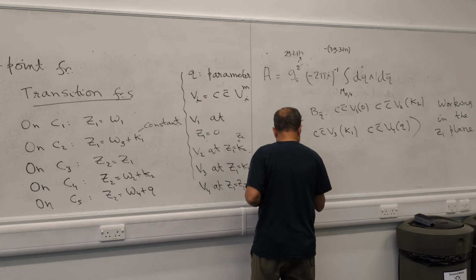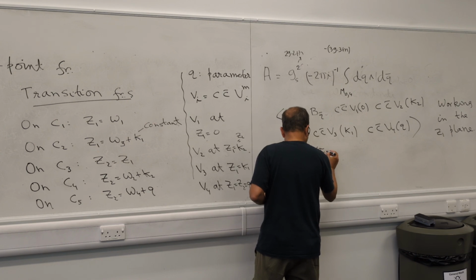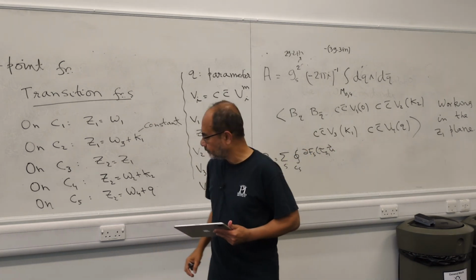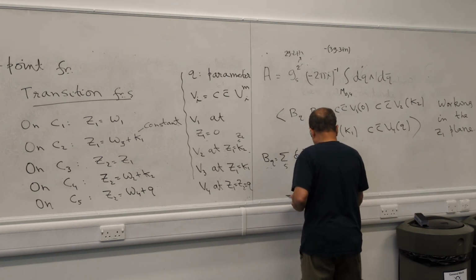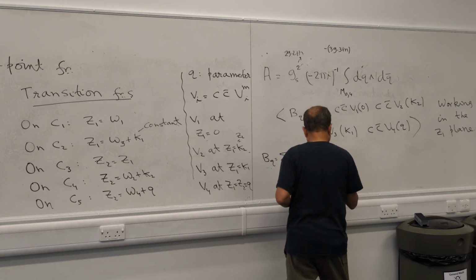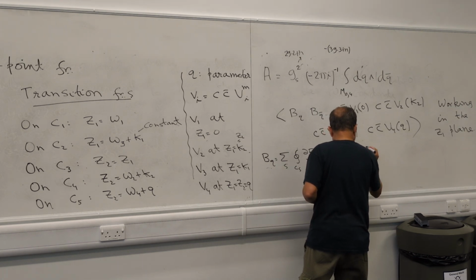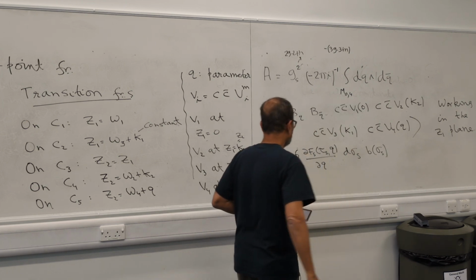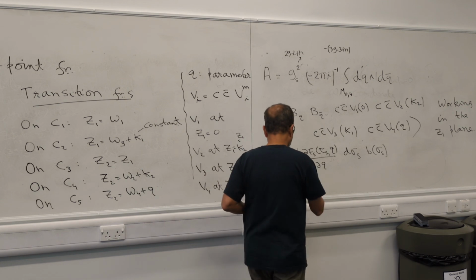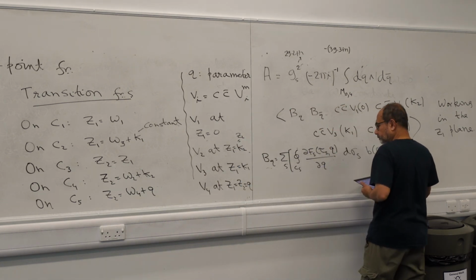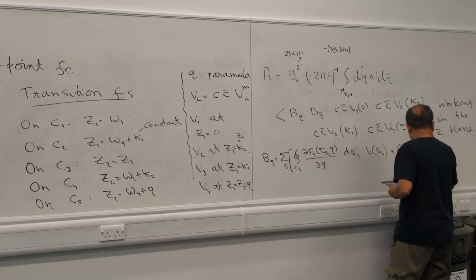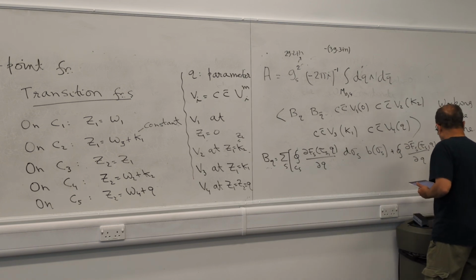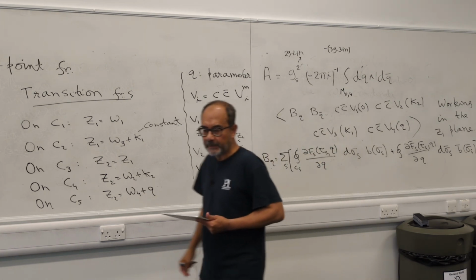Sum over S, integral over CS, del Fs, tau S, U, or I can write Q, Q already has two parameters because it's complex, tau S Q by del Q plus... okay, this is a general expression for BQ.